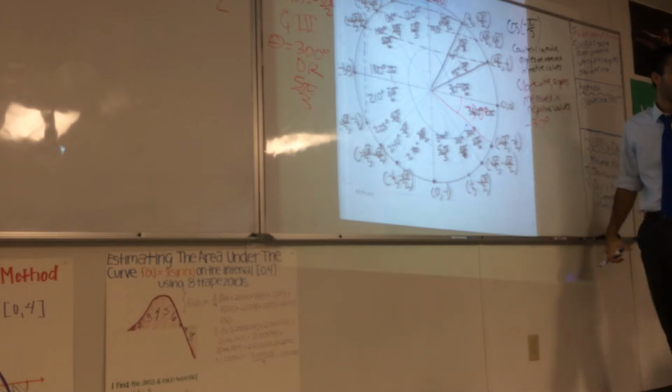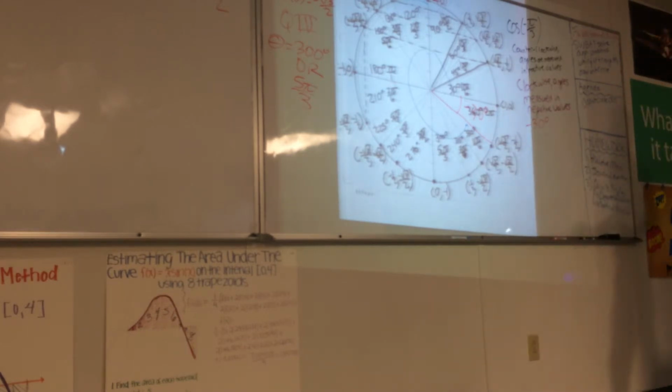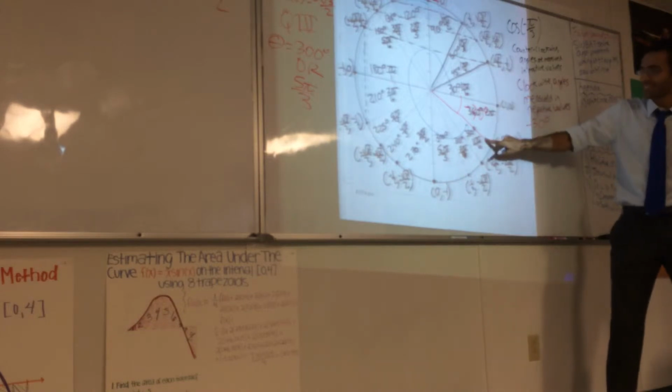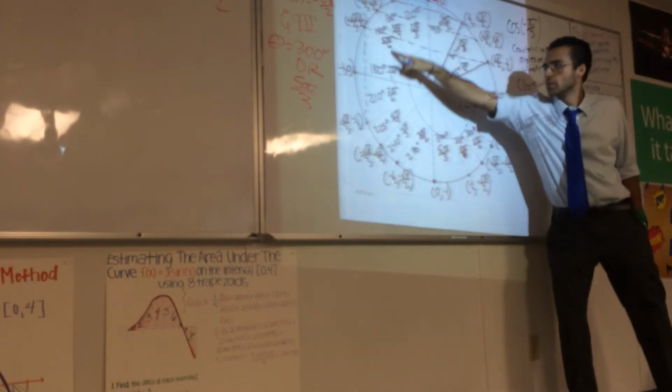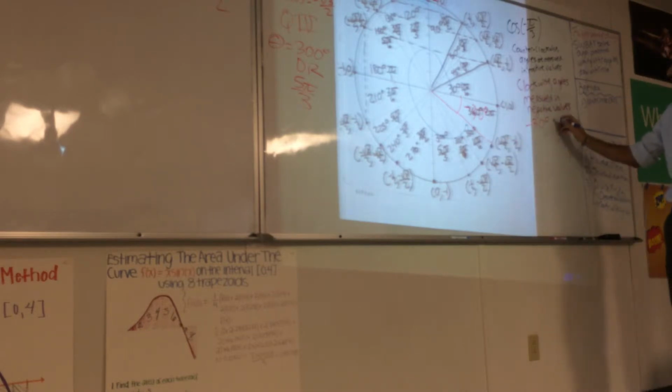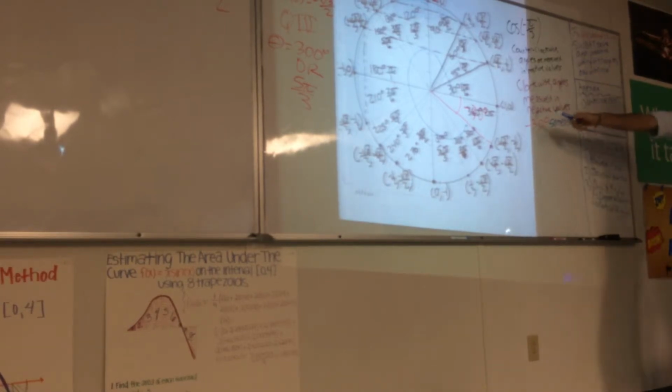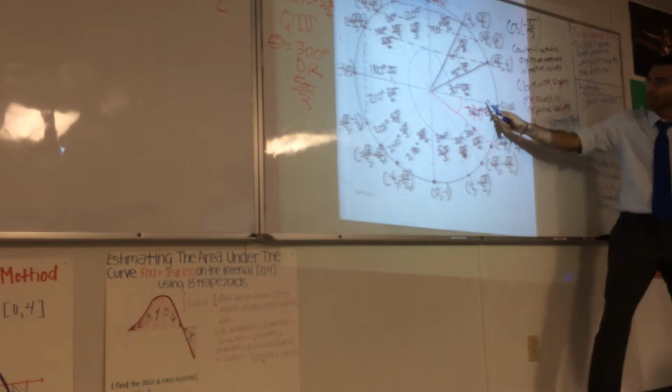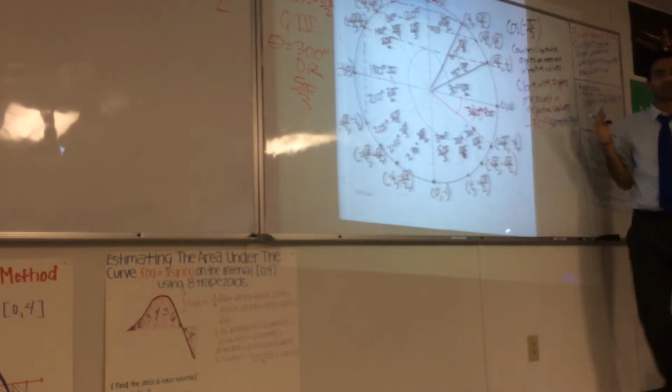How much? 330. So negative 30 degrees is the same as positive 330. Negative 30 is the exact same as positive 330. I get to the same spot.